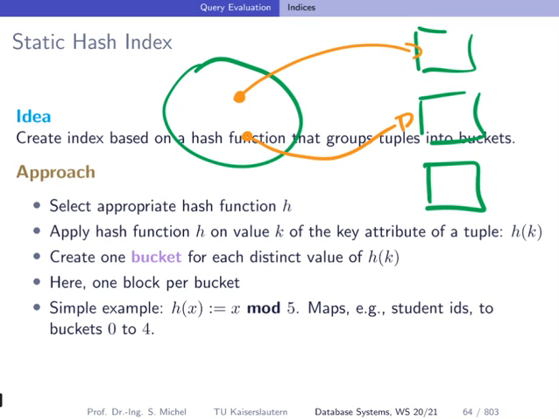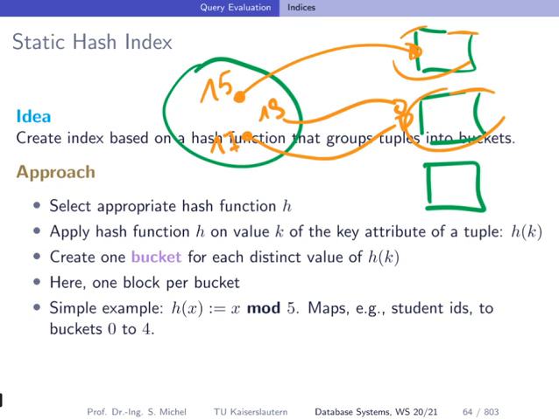For instance, here the professor ID 15 goes to this bucket, 17 goes to this bucket, and maybe 19 goes as well to this bucket here.